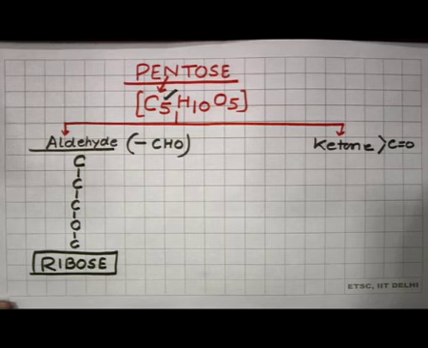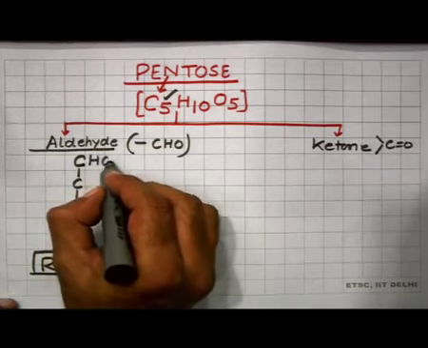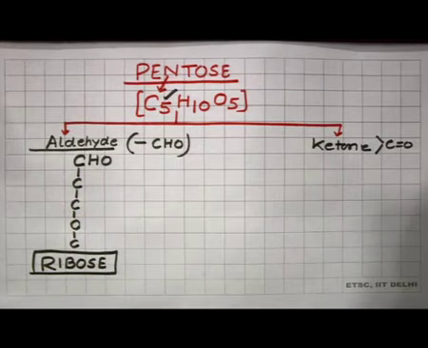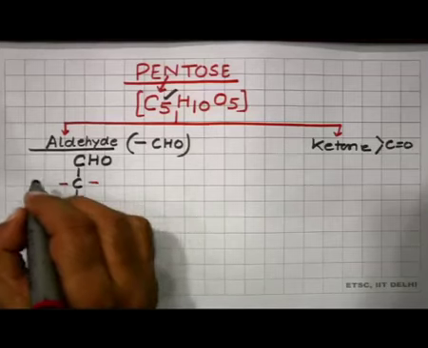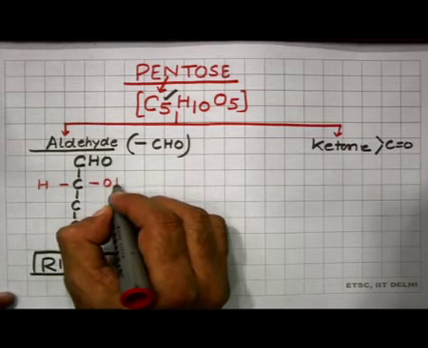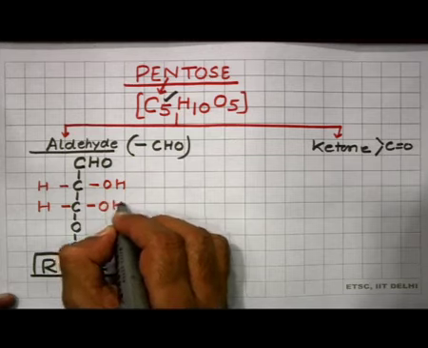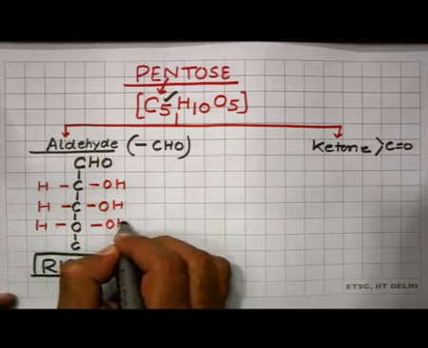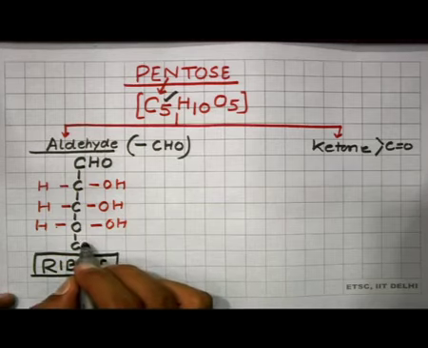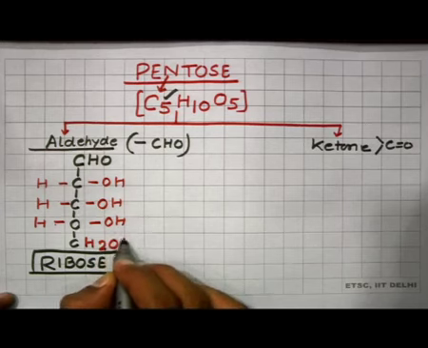Now, at carbon 1 what will be present, that is the CHO group, and in the next carbon, same as triose and tetrose, it will be written as HOH, in the third position HOH, in the fourth position HOH, and in the last position CH2OH.